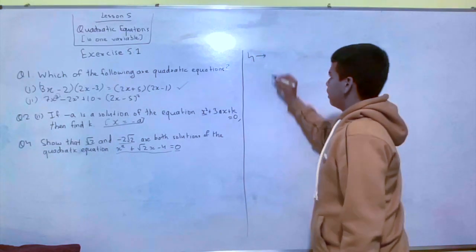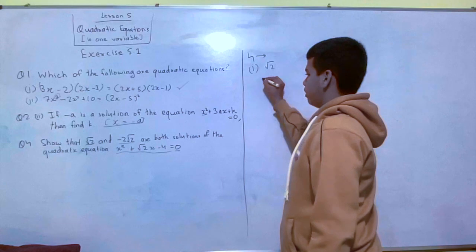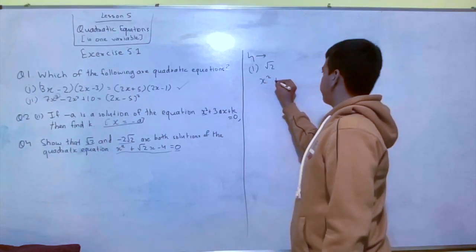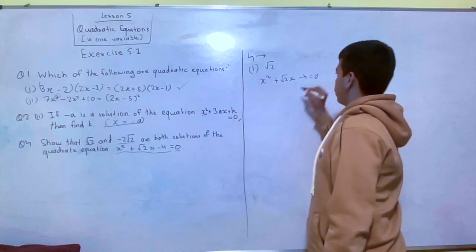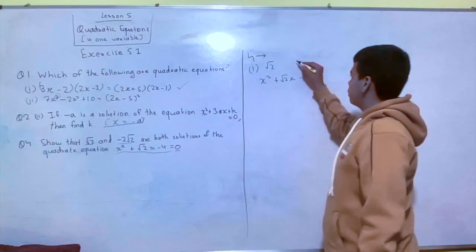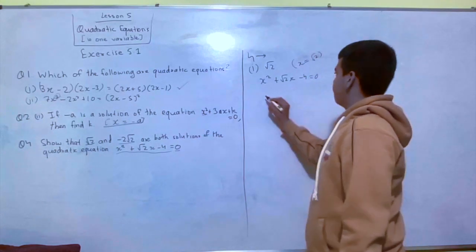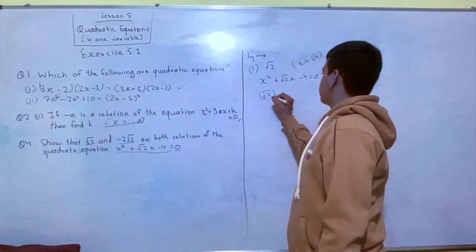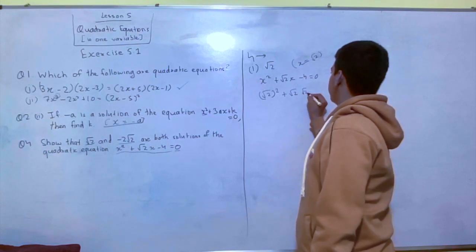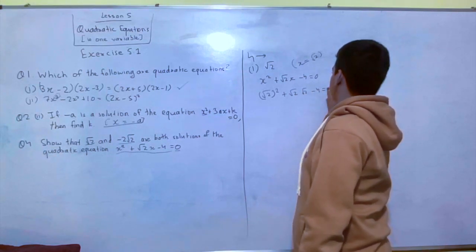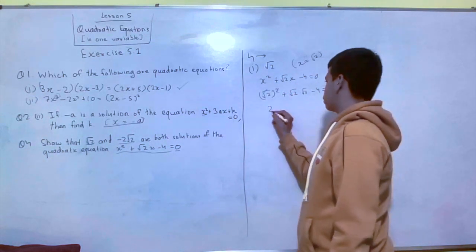So let's try with the first one, which is root 2. Here it is given to us x square plus root 2x minus 4 is equal to 0. Now we have to insert x is equal to root 2. So root 2 square plus root 2 times root 2 minus 4 is equal to 0. Here square and root get cancelled, which is 2.